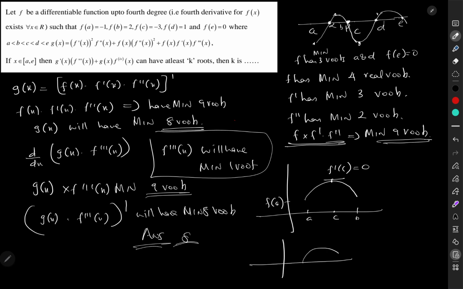Similarly, if the graph is like this, then between A and B there is at least 1 root for f dash x. So f dash x will have at least 1 root between 2 consecutive roots of f of x. I used that result so many times and I got the answer. I hope it's clear.